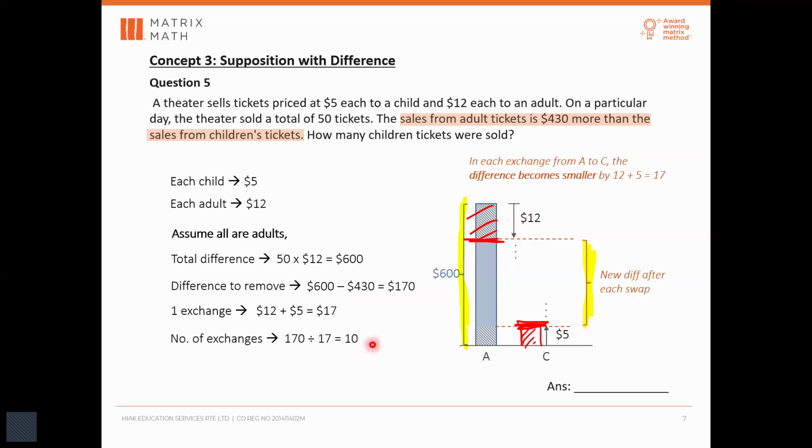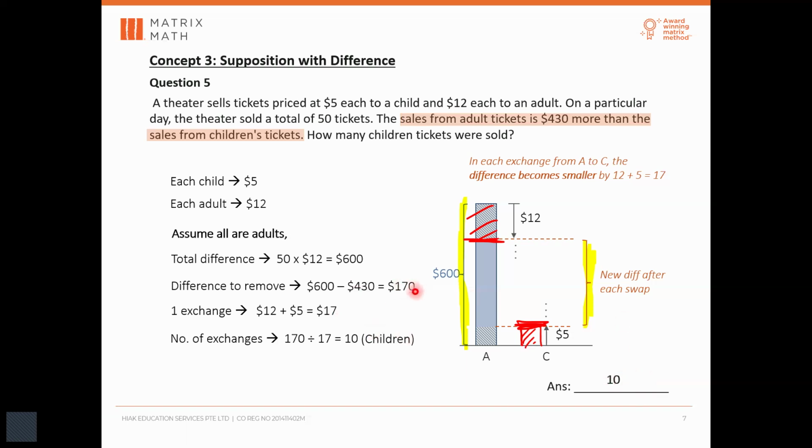We have to shrink it 10 times to remove $170. This 10 times is the number of exchanges from what to what? From adults to children. So you do it 10 times means you're putting in 10 children tickets. So this is the number of children tickets. This is the answer.